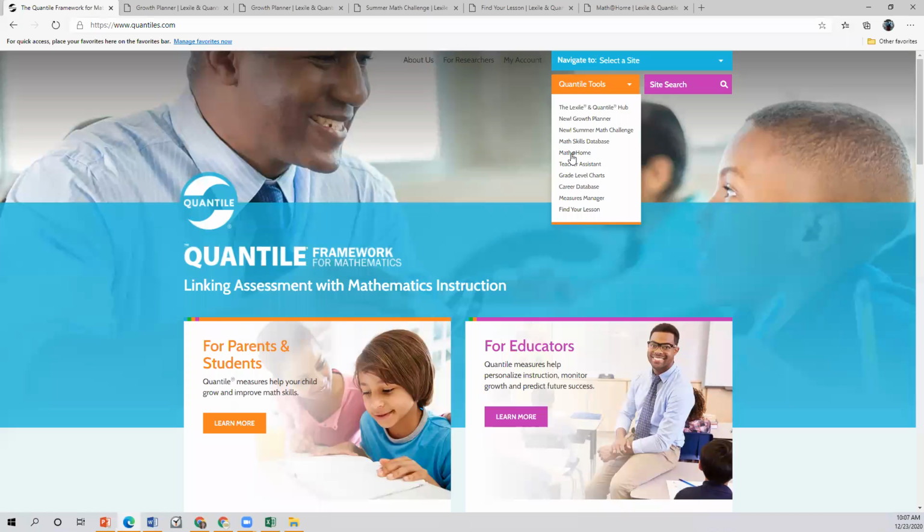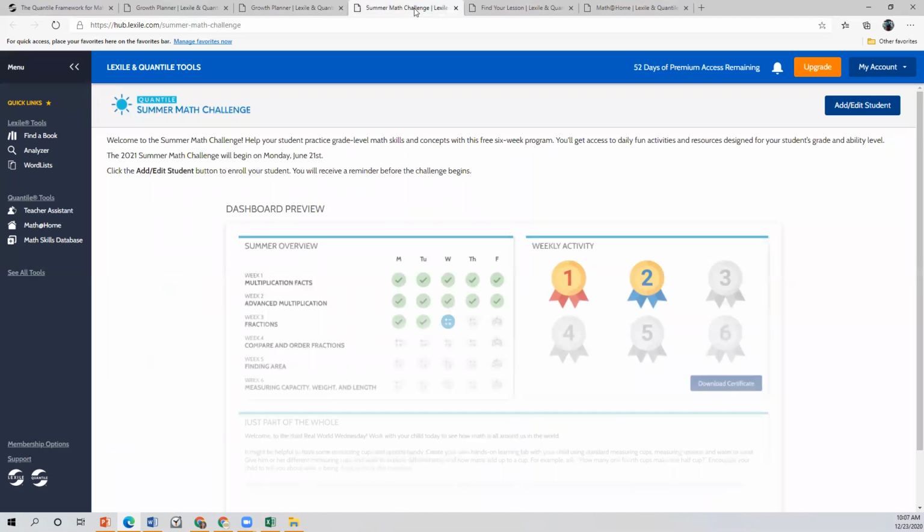The next tool I would like to show you is the Summer Math Challenge. Summer Math Challenge is one resource at quantiles.com that you can use to challenge your student in math during the summer months. This is beginning June 21st, and each week for 6 weeks, your student can be challenged with math concepts and ideas that are in their quantile measure range.